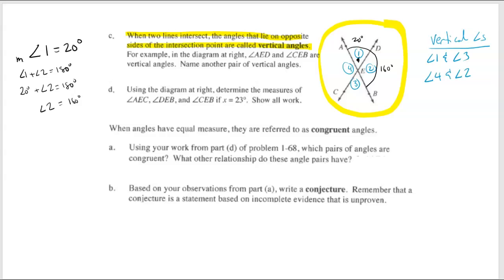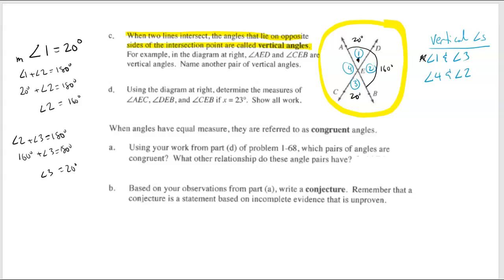2 and 3, angle 2 plus angle 3 also equals 180, but I know what angle 2 is. It's 160. And notice that angle 3 is 20 degrees. Interesting. My 1 and 3, which are vertical angles, are actually the same number.